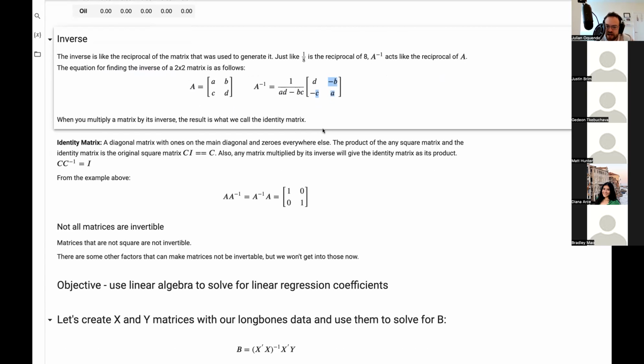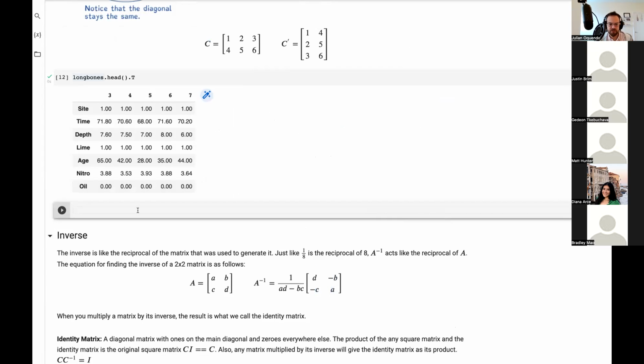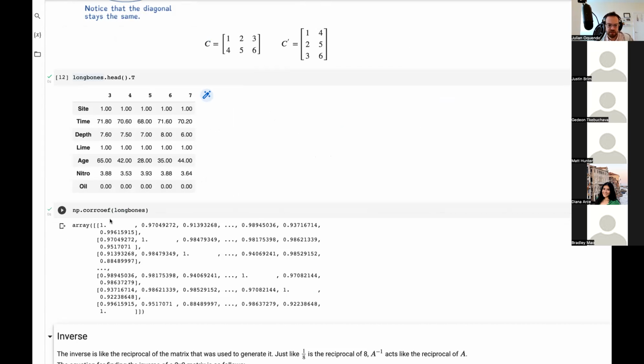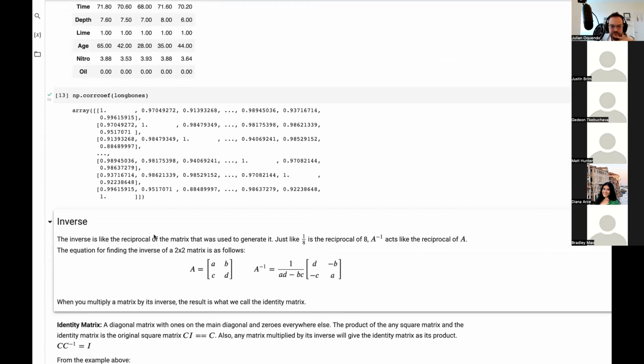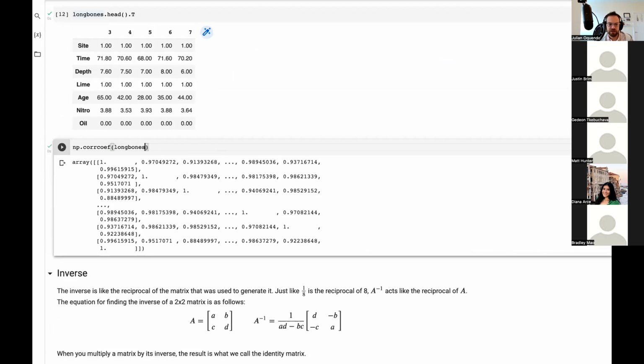And this lines up with the kind of correlation values that we've worked with previously, where you take, for example, long bones. If you look at core coef and take a look at long bones, you'll see that this is essentially a much longer identity matrix for all of the values we're working with.